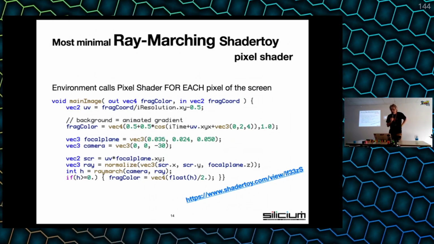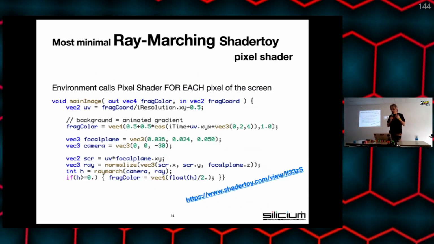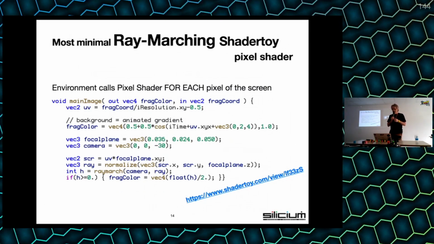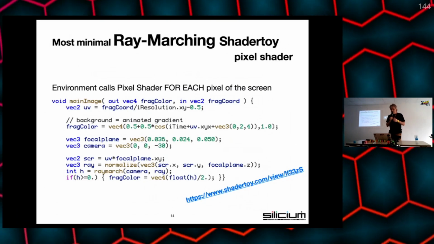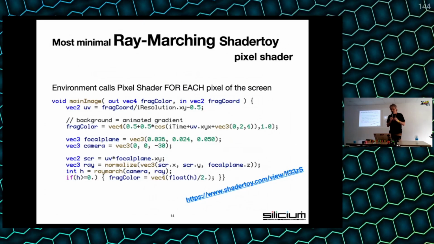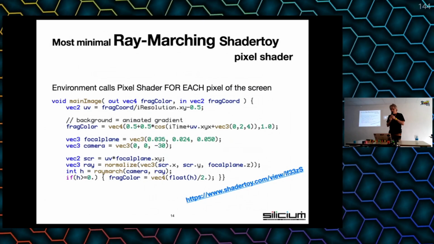So first, a pixel shader will be invoked for every pixel on the screen space, and its point is to compute what is the color that we want for a given pixel on the screen, and it will run in parallel for every single pixel of the screen.